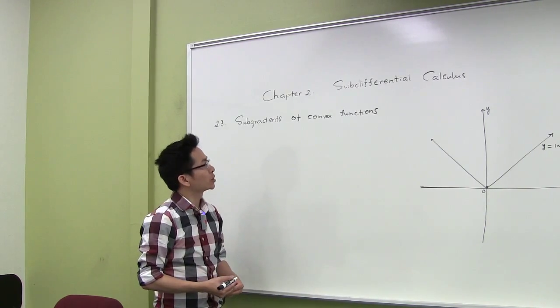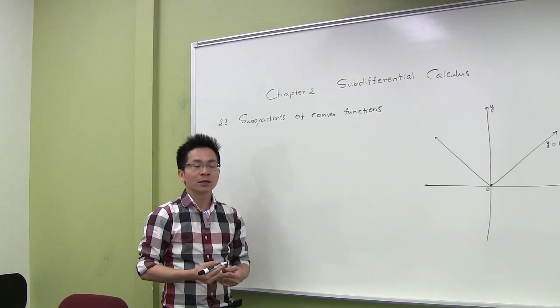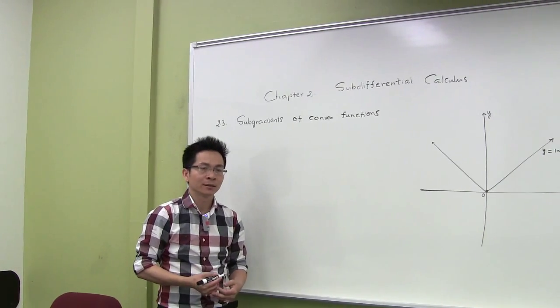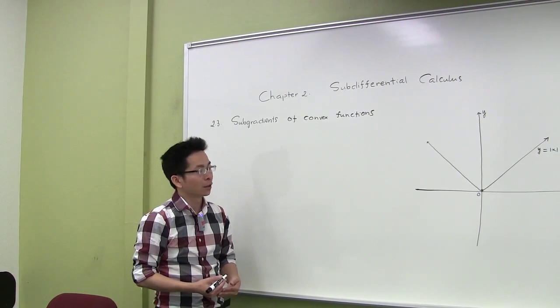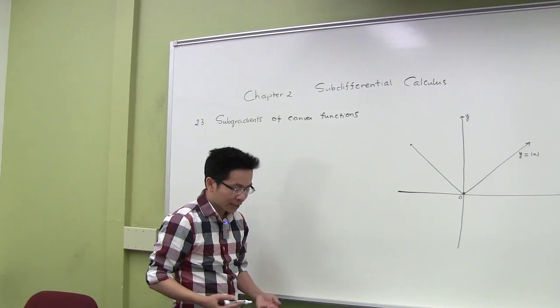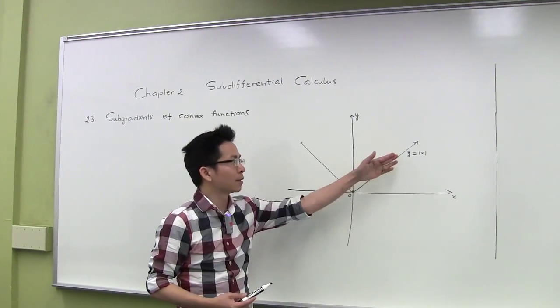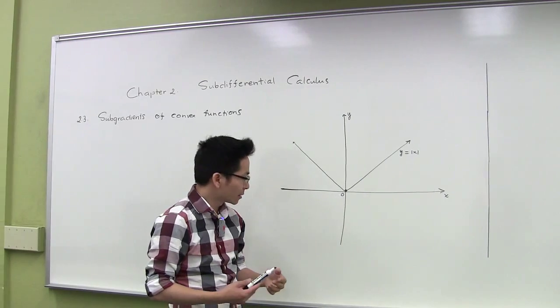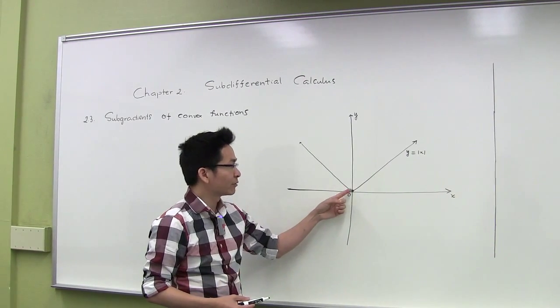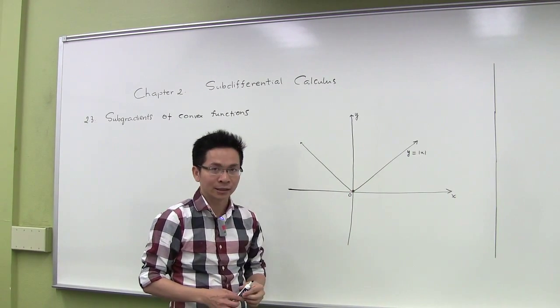Now I'm going to talk about some examples of subdifferential, or collection of subgradients, for convex functions. The first example is the absolute value function. As I mentioned earlier, the function is not differentiable at 0.